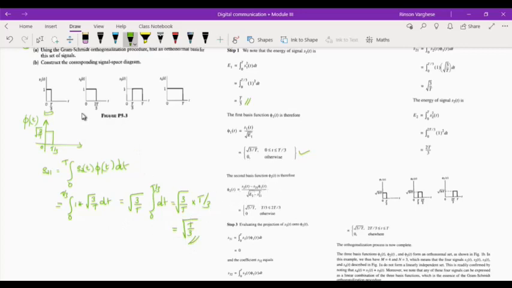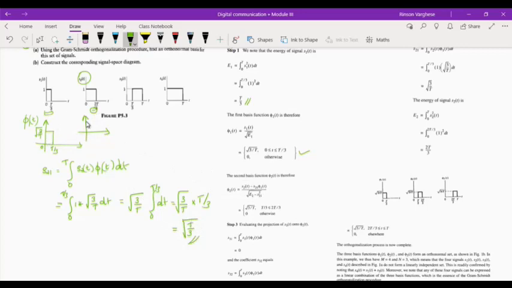So from S2, you need to subtract what? S21 phi 1 of t. S21 is root T by 3. Phi 1 of t is this.